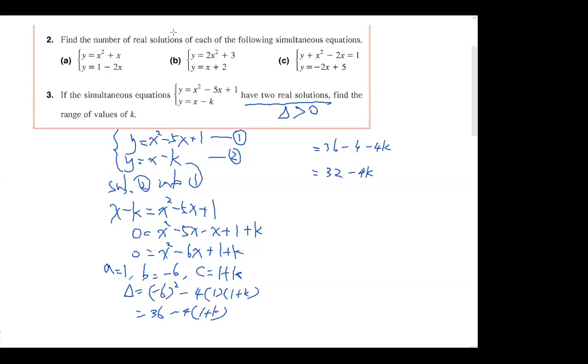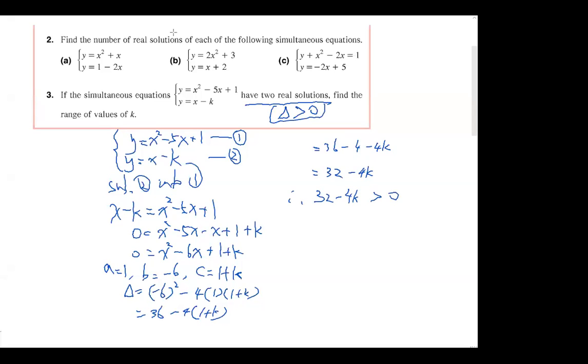But the question has told us that this equation has 2 real solutions, and we have to think that the delta should be larger than 0. Therefore, we can say that our delta should be larger than 0. So this gives us an inequality involving the unknown k.